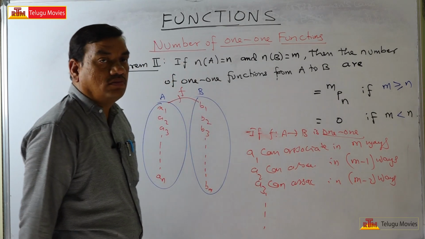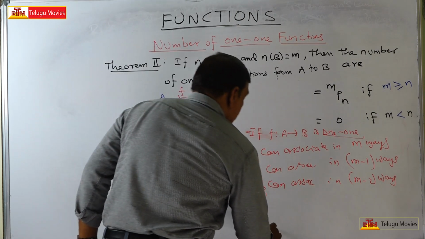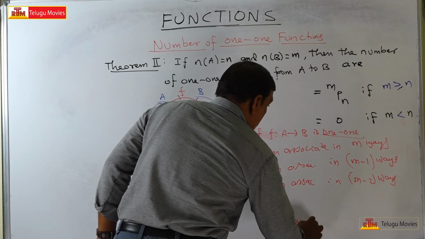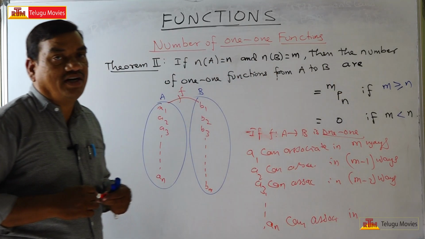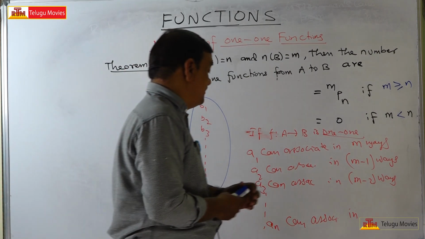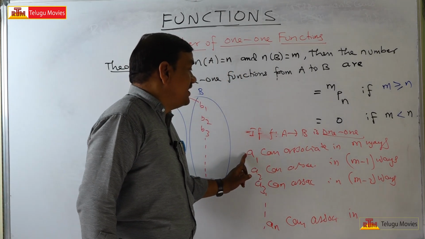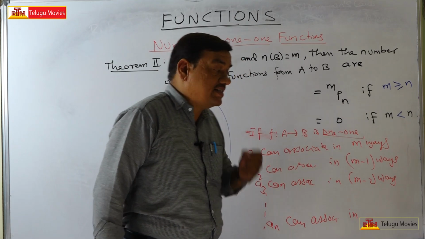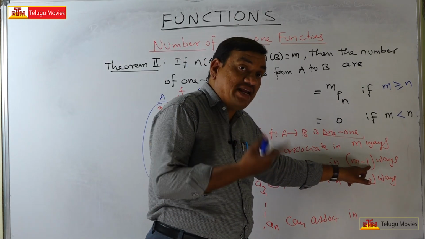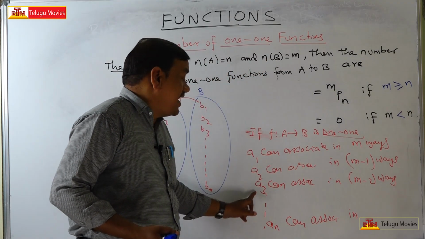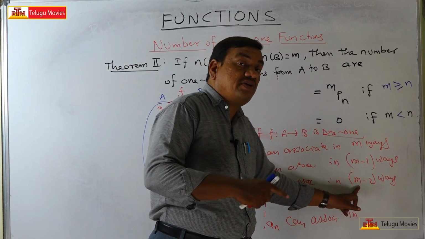And so on. The last one, An, can associate in how many ways? This point is important. See here, A1 can associate in m ways. A2 can associate in how many ways? M minus 1. A3 can associate in how many ways? M minus 2.